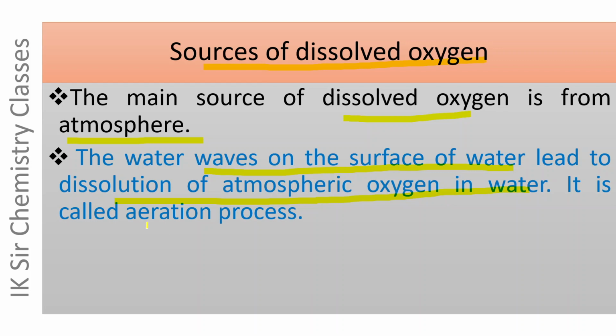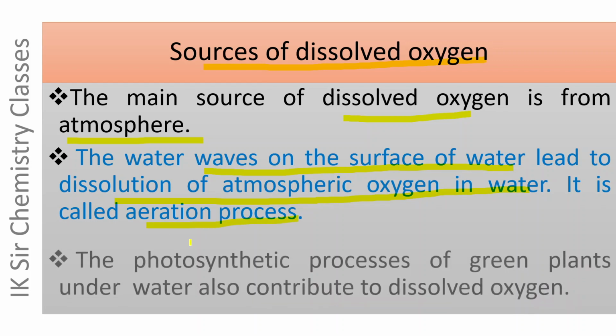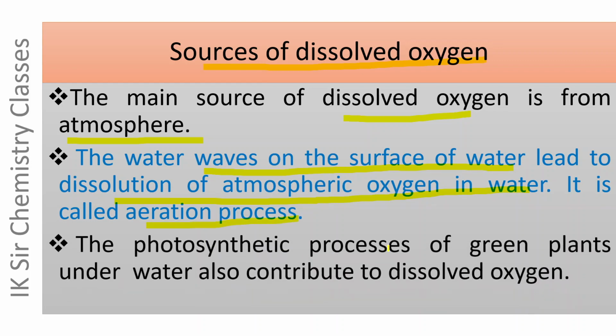It is called the aeration process, and the photosynthetic processes of green plants underwater also contribute to dissolved oxygen. The main sources of dissolved oxygen are the atmosphere and photosynthesis by underwater plants.